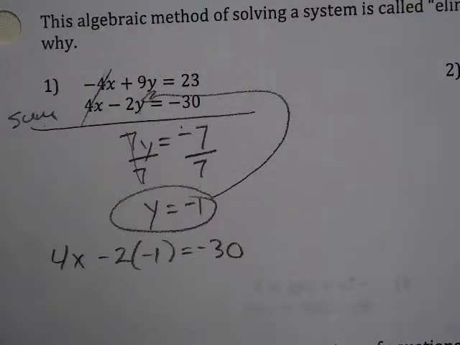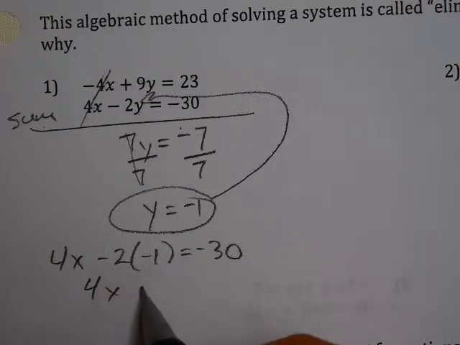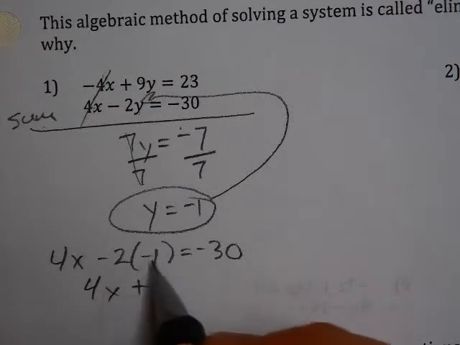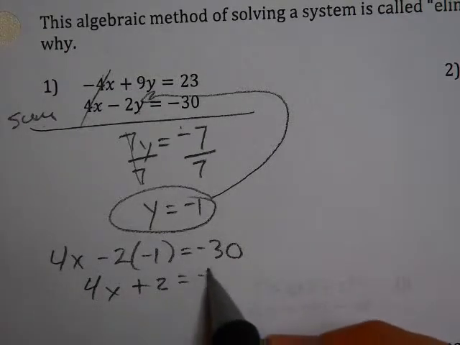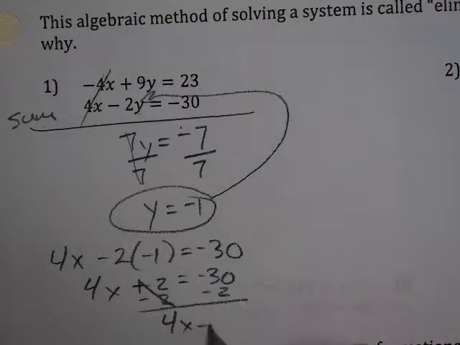So I'm subbing that value back in for y. So this is 4x plus 2. The negative times the negative is a positive. And if I subtract 2, I get 4x equals negative 32.